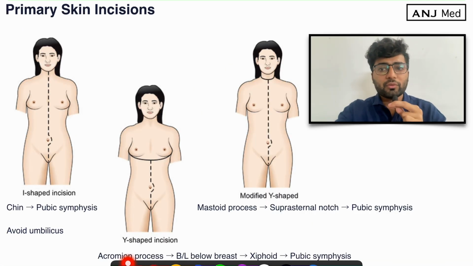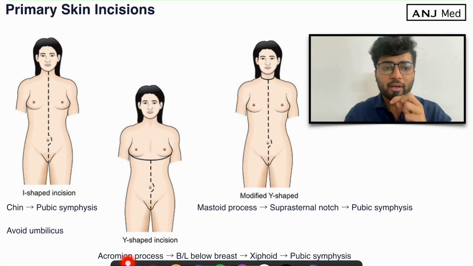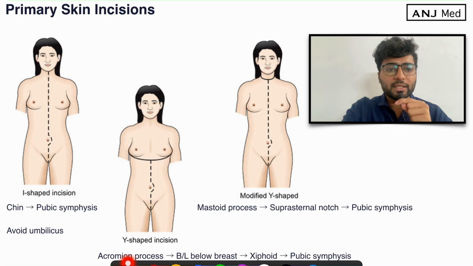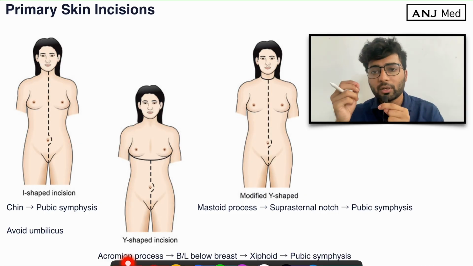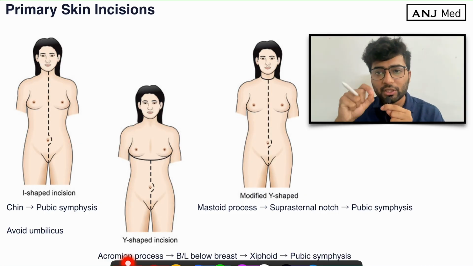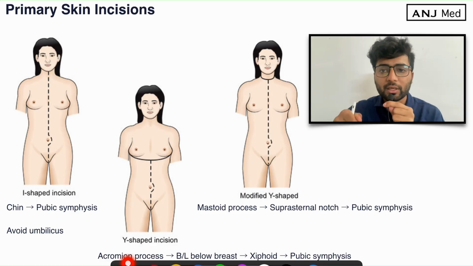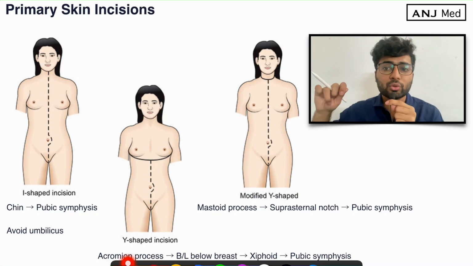See, first of all, the primary incision or the skin incision. Now there are three main skin incisions. First is I-shaped incision, second is Y-shaped, and third is modified Y-shaped. I, Y, and modified Y. In the I-shaped incision, the incision starts from the chin up to the pubic symphysis. But see, the umbilicus is not cut. Why? Because the umbilicus has thick tissue, so if we cut it, it will be very tough for us to suture it back.